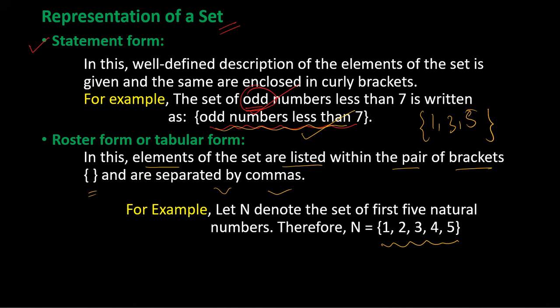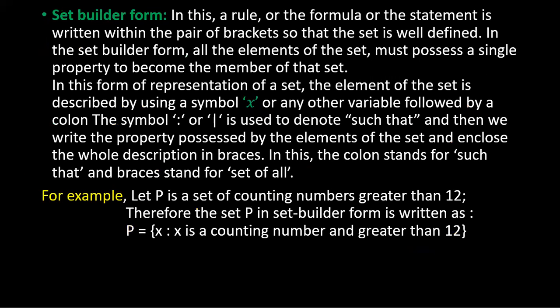This is statement form, and if we write like this, it is nothing but roster form. Now see, this is important. Usually we use this form to describe a set. Mainly we use this and the next one, that is set builder form. We often use this form as well.